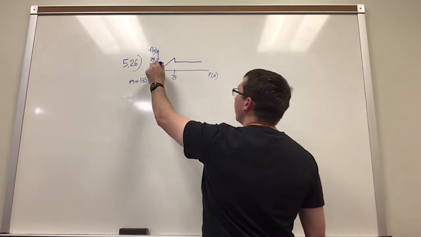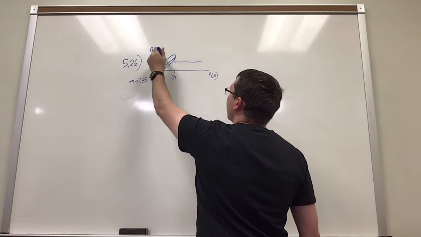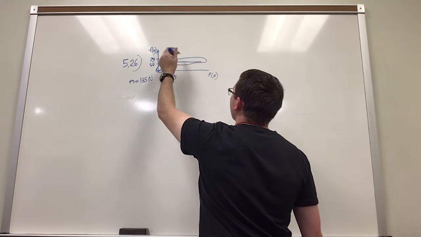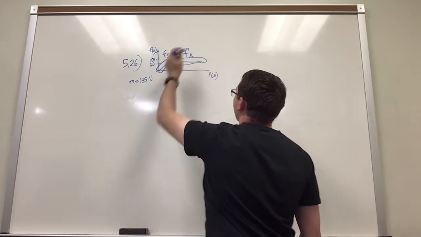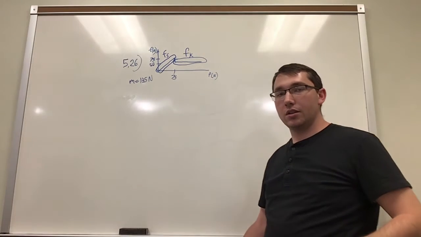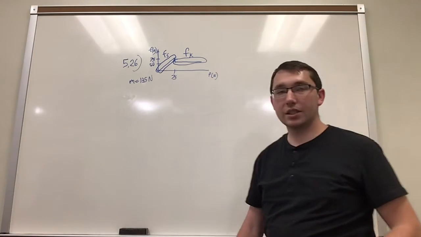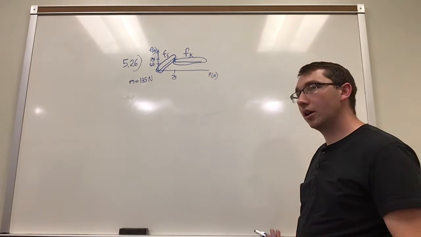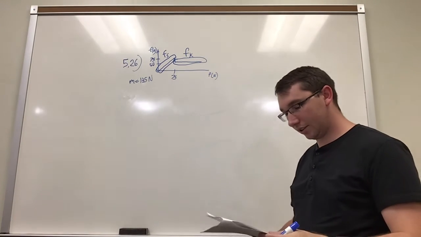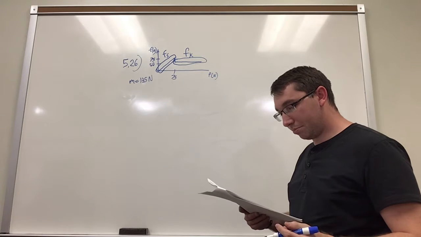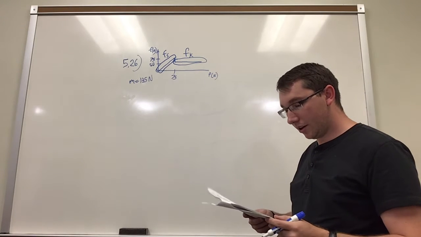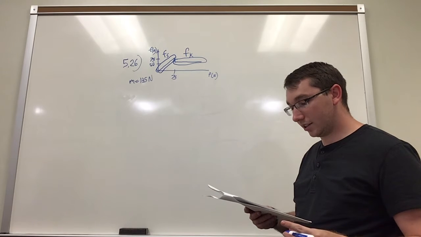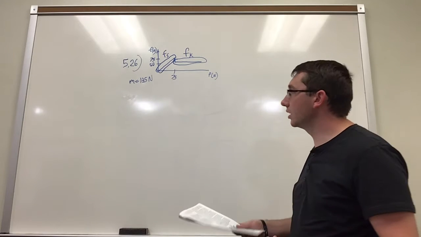And so this region is the friction of static, and that region is the friction of the kinetic, because this is a representation of the frictional force versus the force that's pulling the block. Part B then asks, find the coefficients of static friction and kinetic friction between the block and the table.